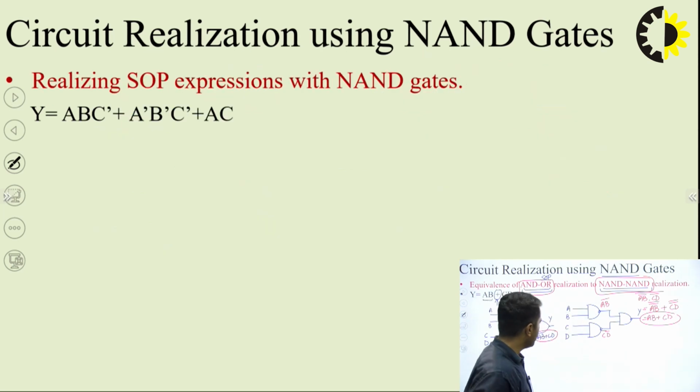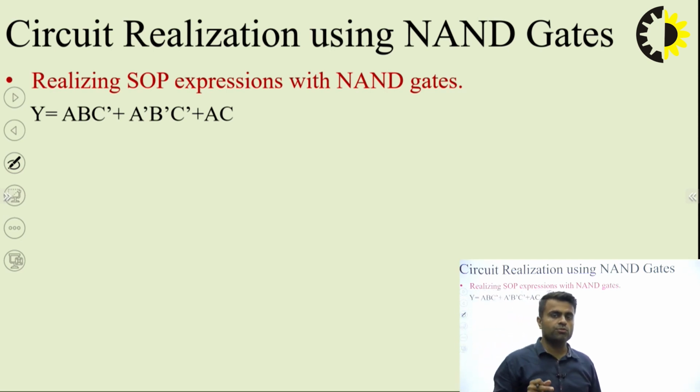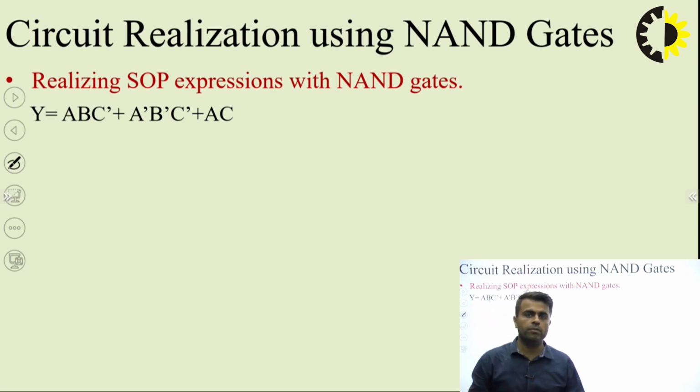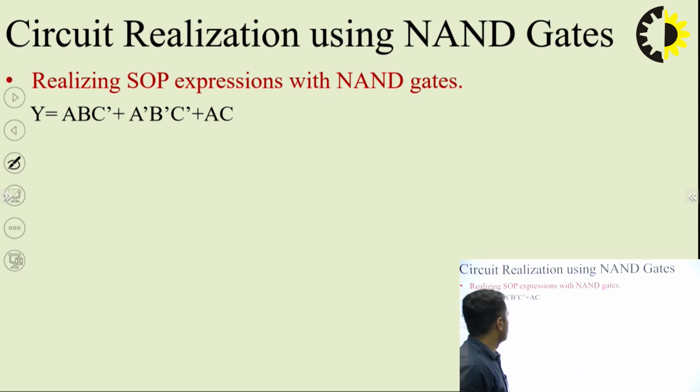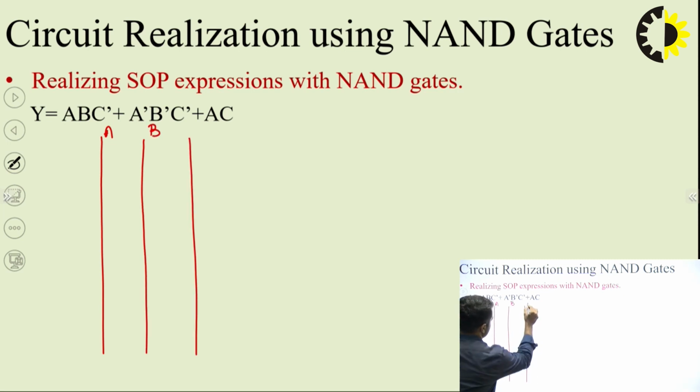Now taking a slightly complex expression which is provided here. Now we will try to realize this expression using NAND gate, using the same concept which we have covered here, that replacing every gate with the NAND gate. So A, B and C are the three variables. So this is A, this is B, and this is C. Complements of all three are required.